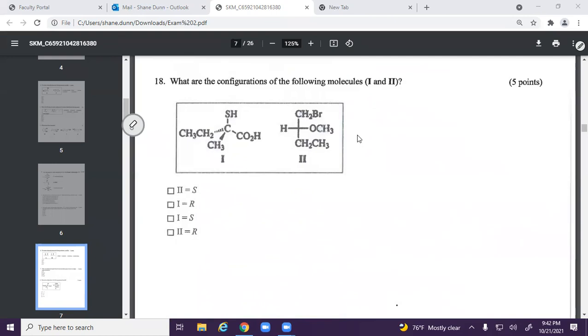What are the configurations of the following molecules? One, 2, 3, 4.